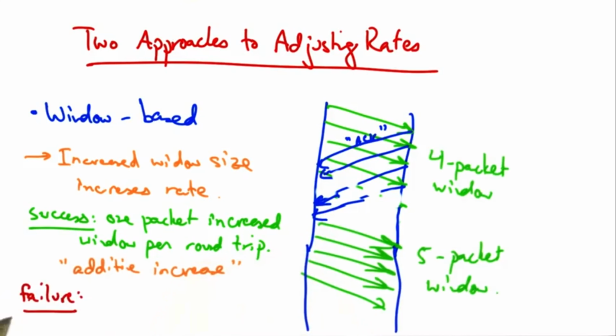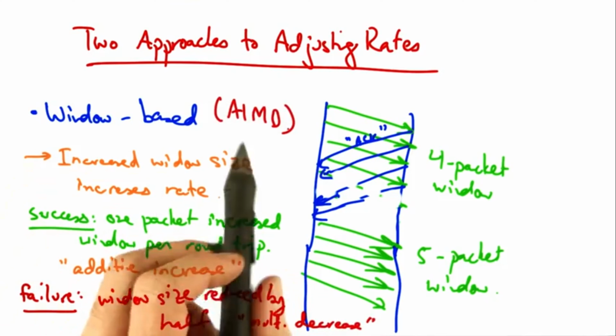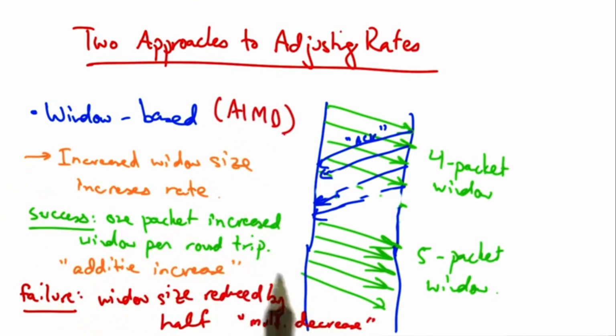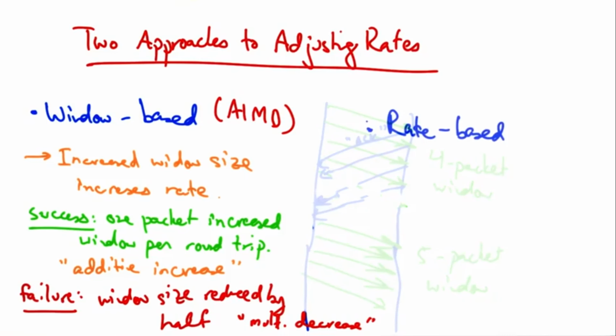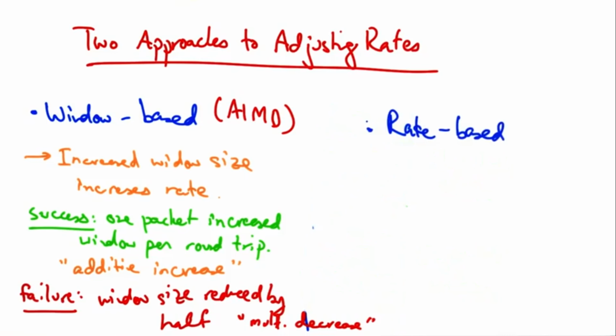If a packet is not acknowledged, the window size is reduced by half. This is called multiplicative decrease. So TCP's congestion control is called additive increase multiplicative decrease, or AIMD. The other approach to adjusting rates is an explicit rate-based congestion control algorithm.